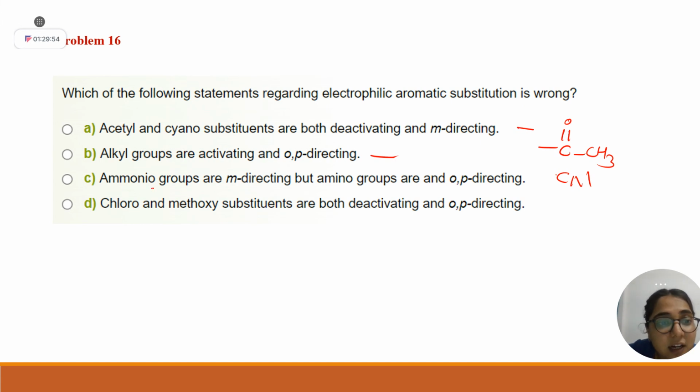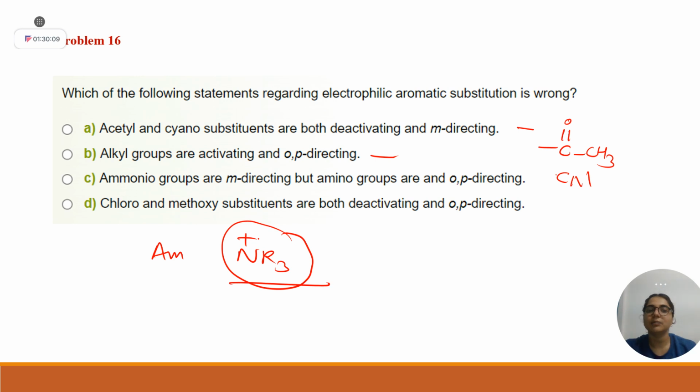Then they are saying ammonio groups are meta directing, but amino groups are ortho para directing. This is ammonium, NR3 positive type species. For now, you can consider this. These ammonium groups are meta directing, but amino groups are ortho para directing. Correct or not?